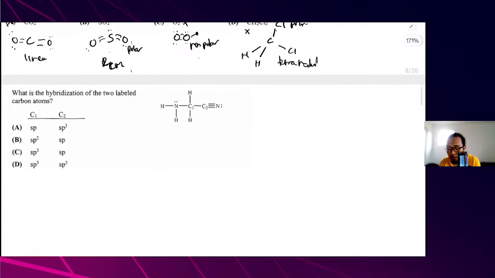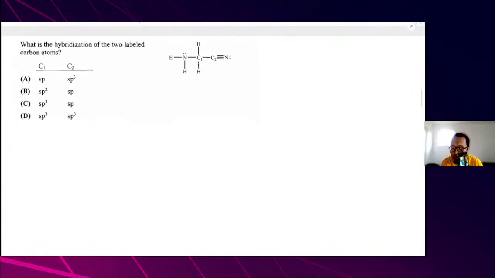Again, what is the hybridization of the two labeled carbon atoms? So let's take a look at the next question. What's the hybridization of the two labeled carbon atoms, C1 and C2? C1 only contains single bonds, so it will be sp3.